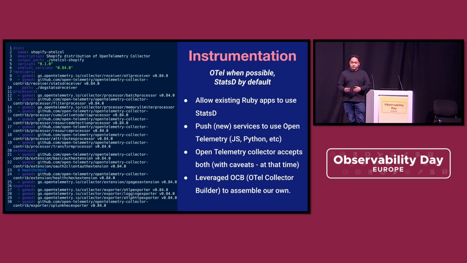So we had to leverage the OTel collector builder to build our own distribution of the OTel collector, where we forked the statsd receiver and replaced it with our own implementation. Now we are using the upstream version because these changes have actually been incorporated into the upstream version.